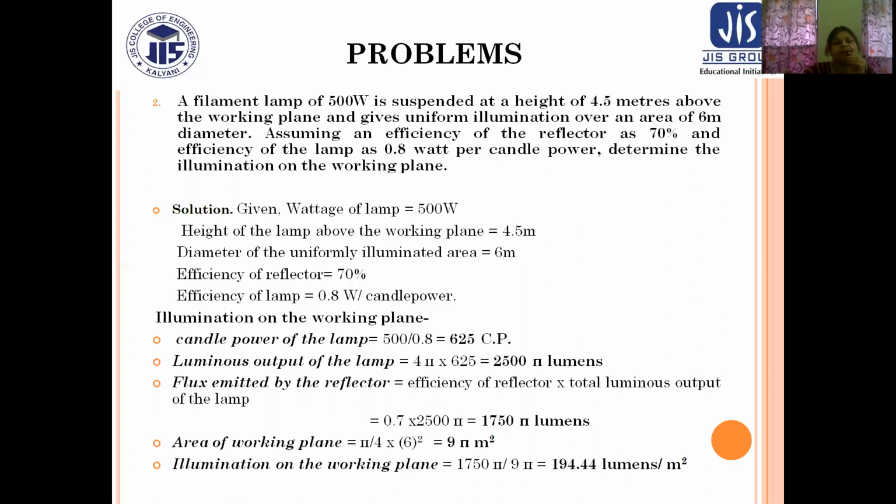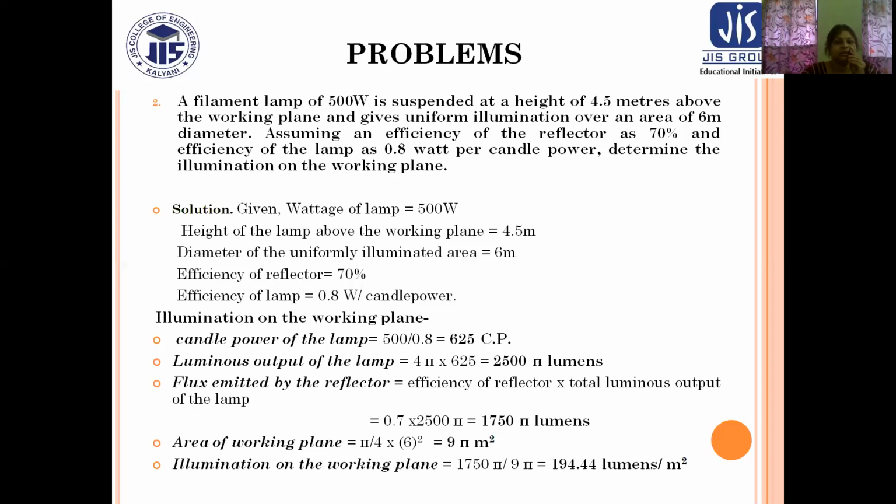Diameter of the uniformly illuminated area is equal to 6 meter. Efficiency of reflector equals 70%, that is also given, and efficiency of lamp equals 0.8 watt per candle power. Now we have to find out the illumination on the working plane.